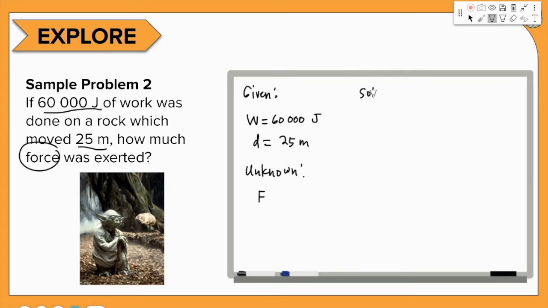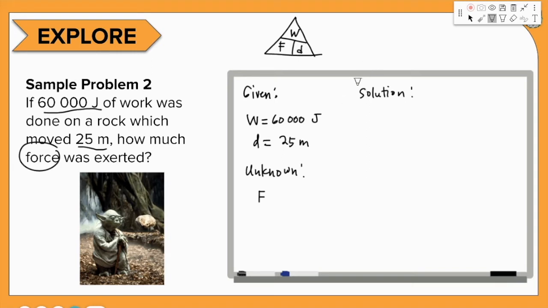So let's solve. Again, recalling your pyramid, the pyramid to help you recall the formulas. Work would be on top, and then force and displacement at the bottom.